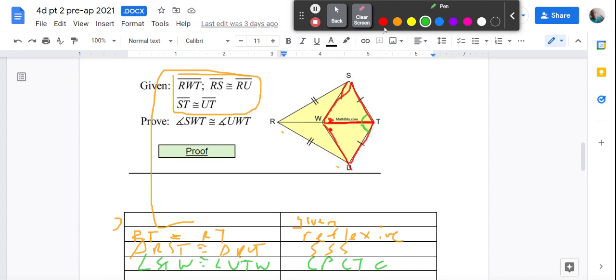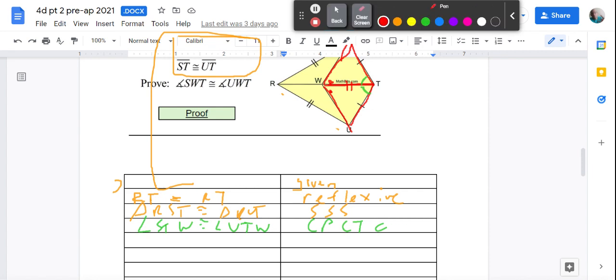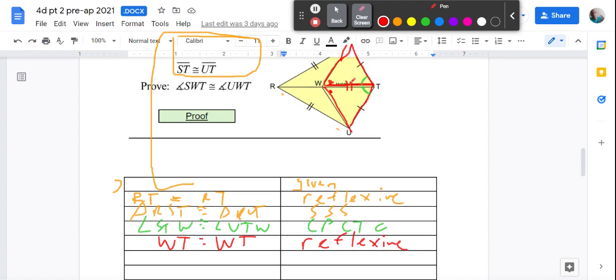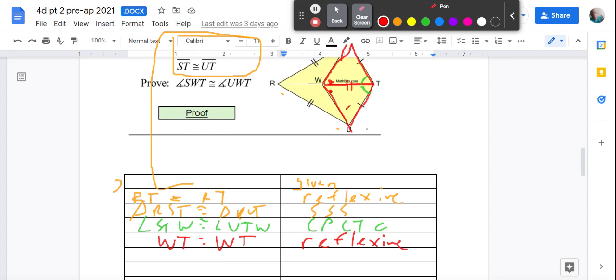Now, these two red triangles also share a side, WT. Okay, so we could say that WT is congruent to WT by the reflexive property again. And so now these two little red triangles are congruent, STW and UTW, by SAS.